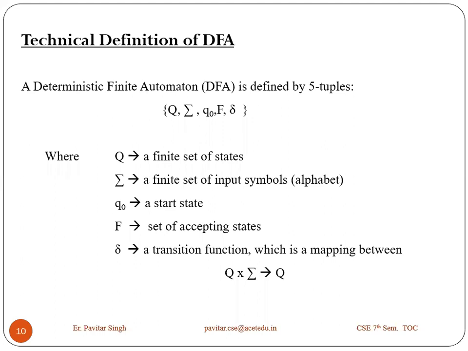FA has been bifurcated into two parts. The one is called DFA. The other one is called NDFA. You can have a look at the whiteboard. The board is visible to everyone.